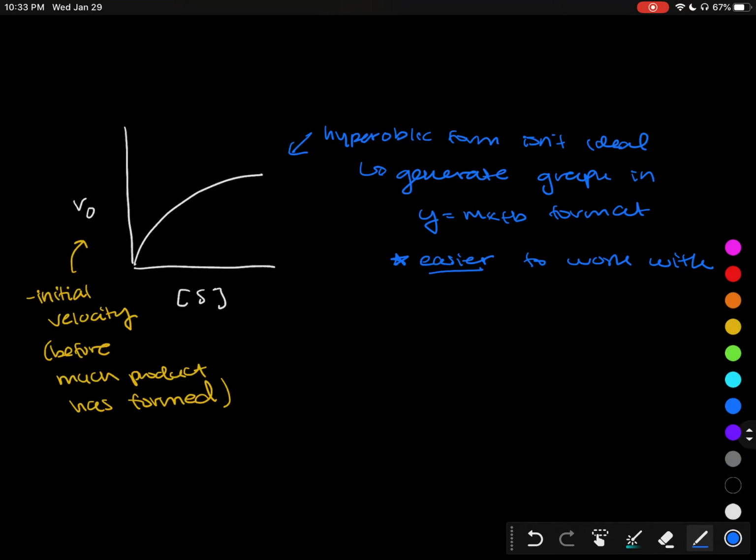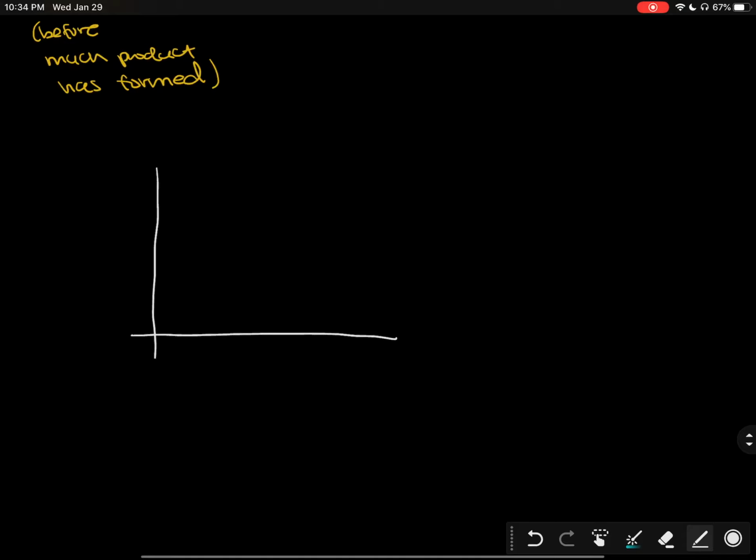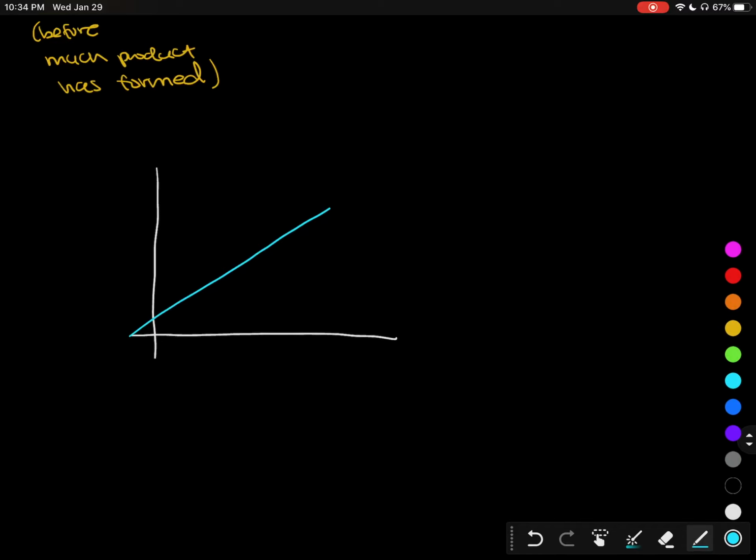That's what we'll do, and then we'll end up with this Lineweaver-Burk plot. We'll get a line something like this.